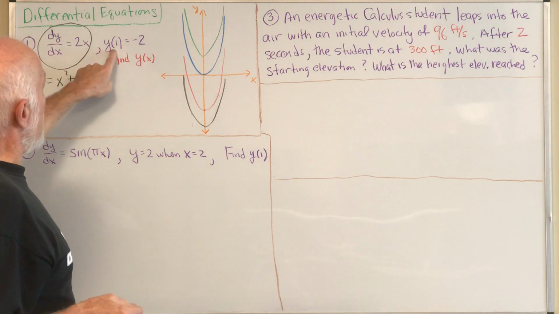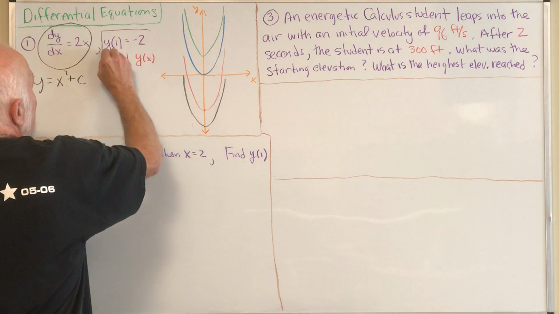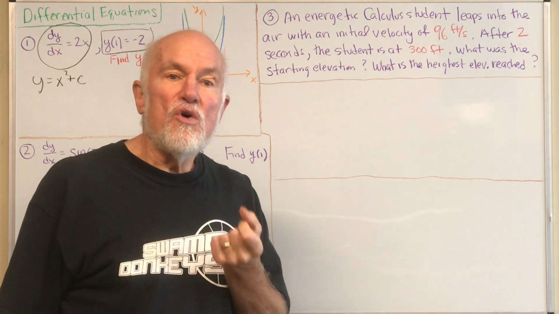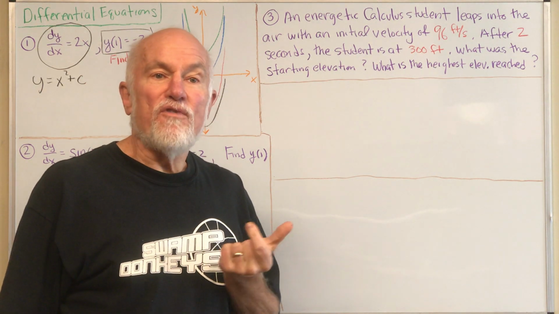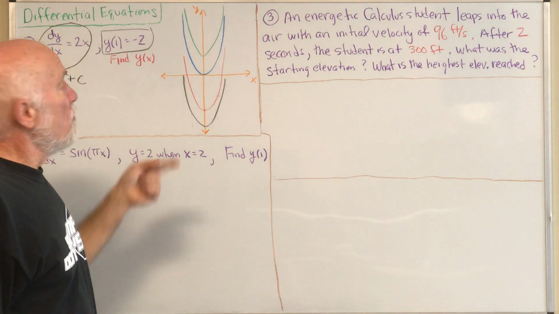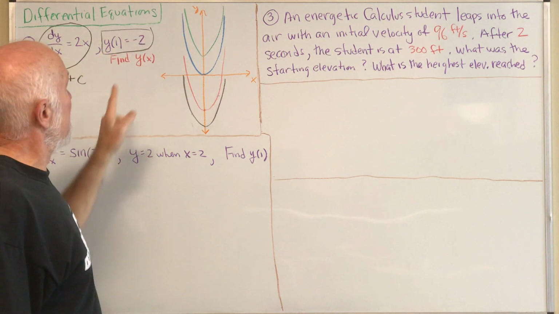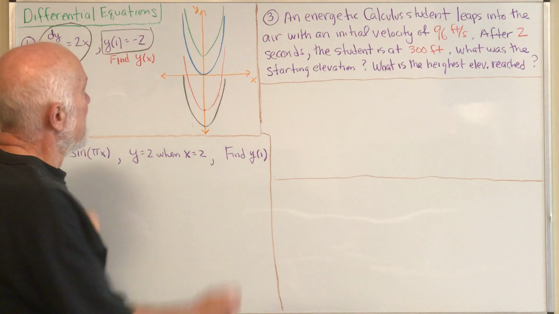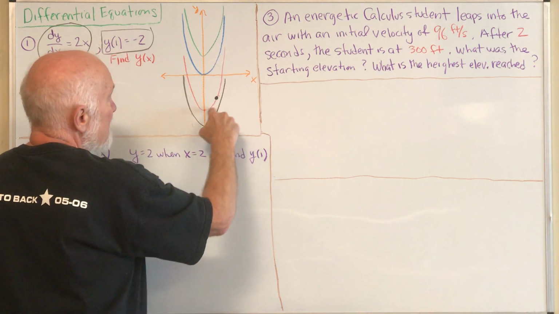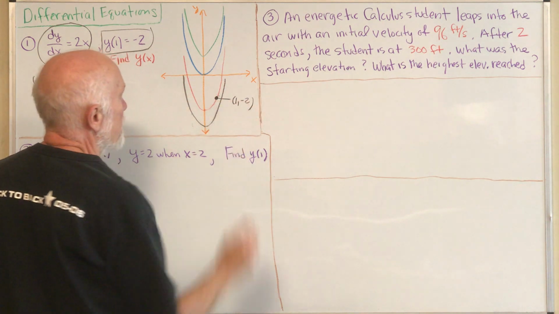But in this particular one, we've got an initial condition. We know one thing about the function: this y we're looking for has the point (1, -2) on it. Out of all these infinite number of parabolas, there's only one parabola that has that point on it, and that would be this red one right here, where that's the point (1, -2).